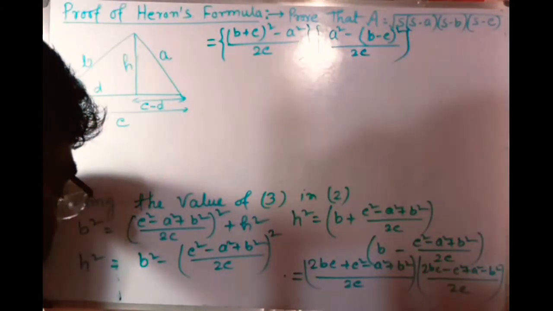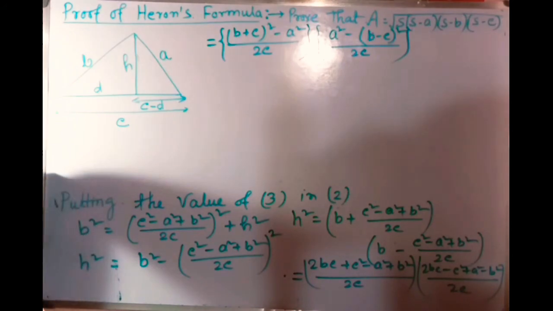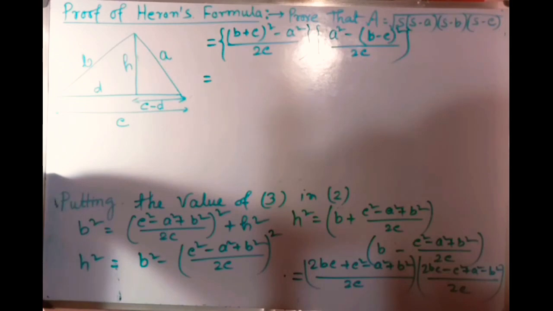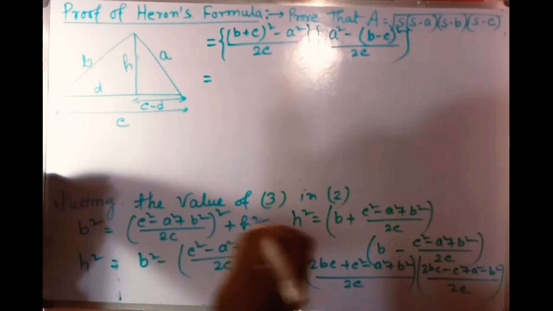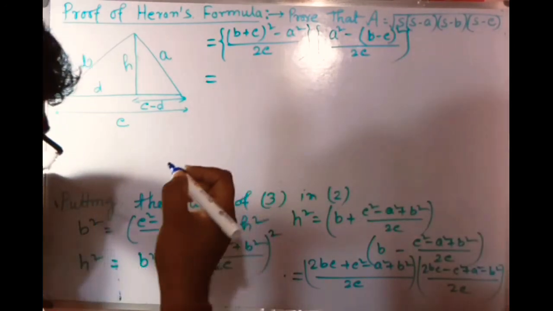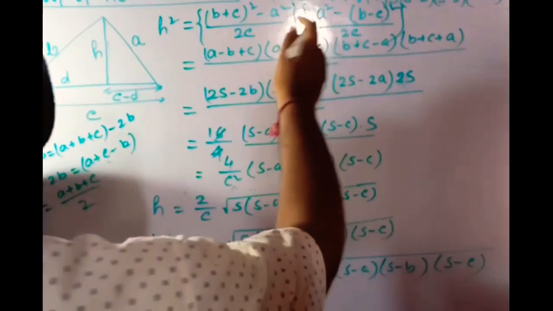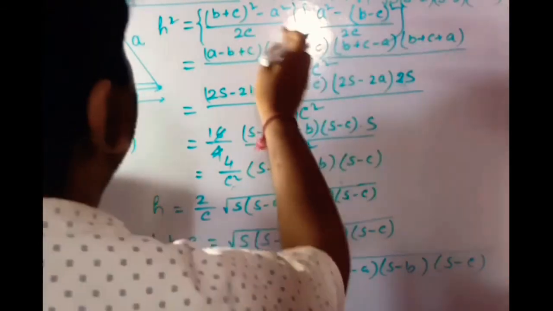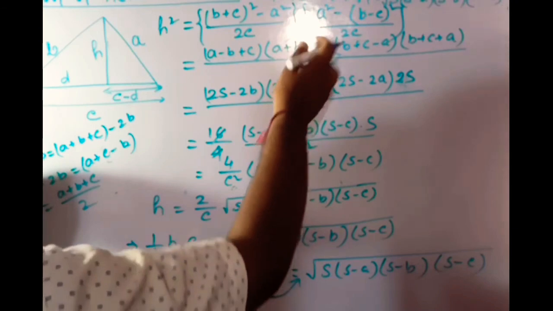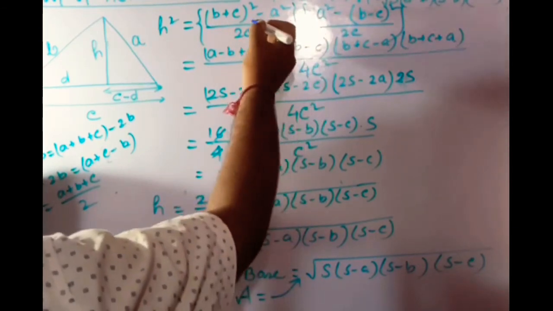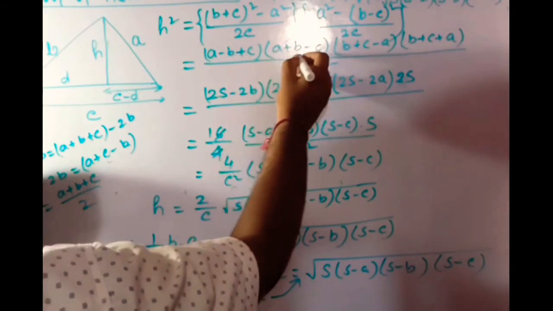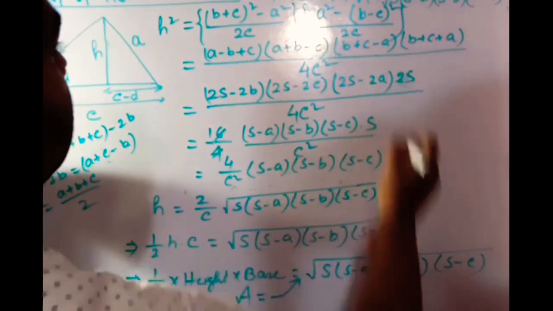Now again applying the difference of squares, we will get b plus c plus a, b plus c minus a, a plus b minus c, and a minus b plus c.